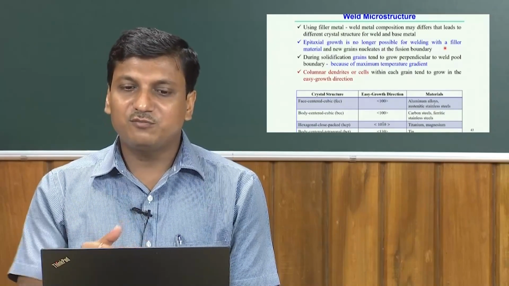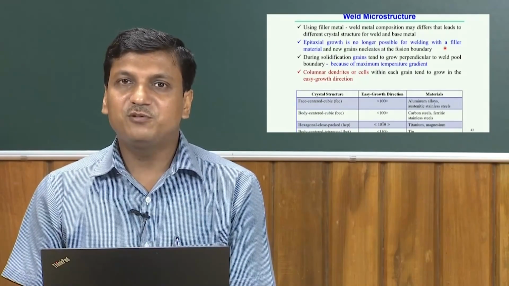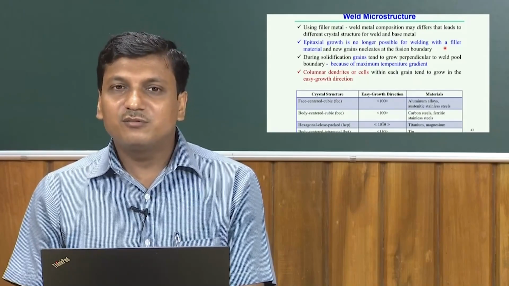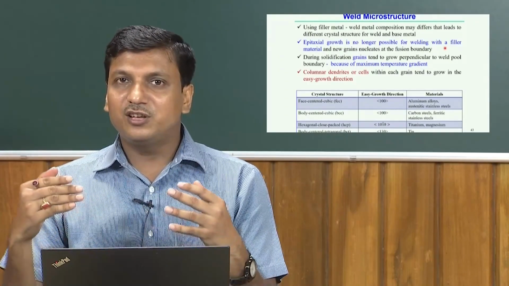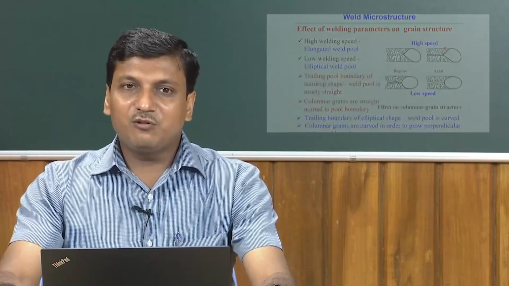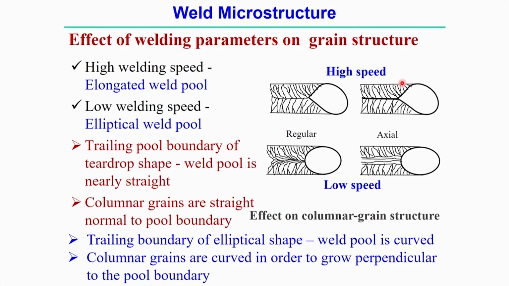But the conclusion from here is that if we add the filler material, then epitaxial growth may not be possible. Now, what are the effects of the welding parameters on the grain structure?